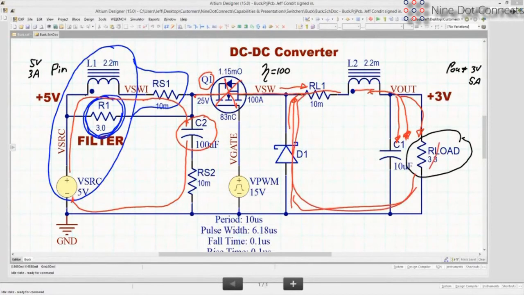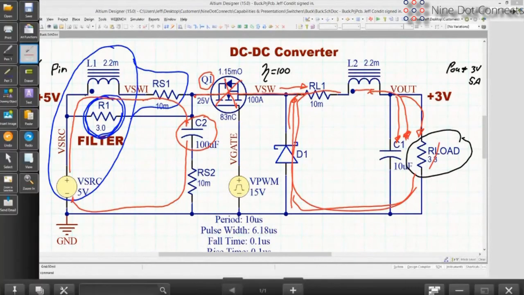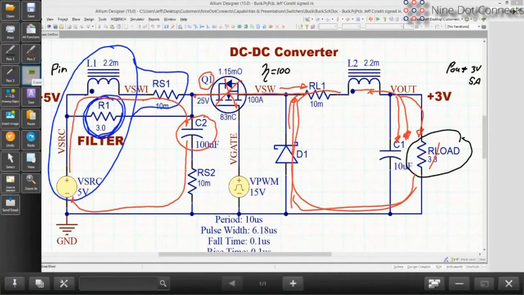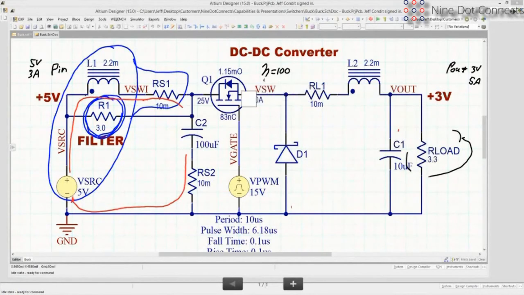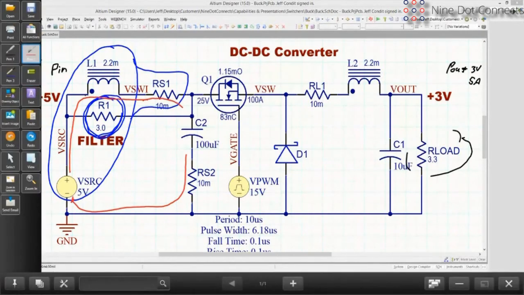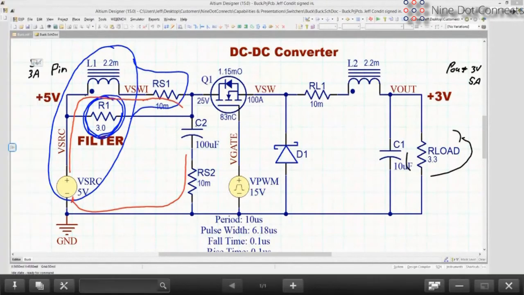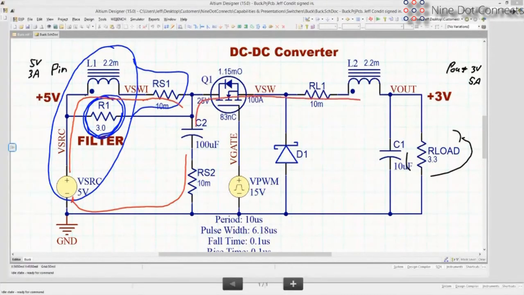Except when the switch is on, where does the current flow? It's a little bit of a different path. The current in this case is going to flow out of the input capacitor, out through the output, and down through the load, and back.